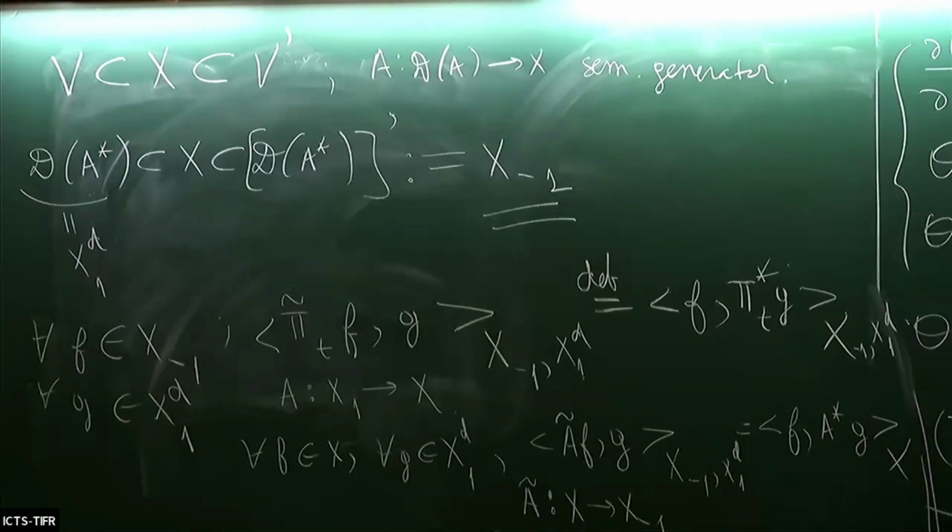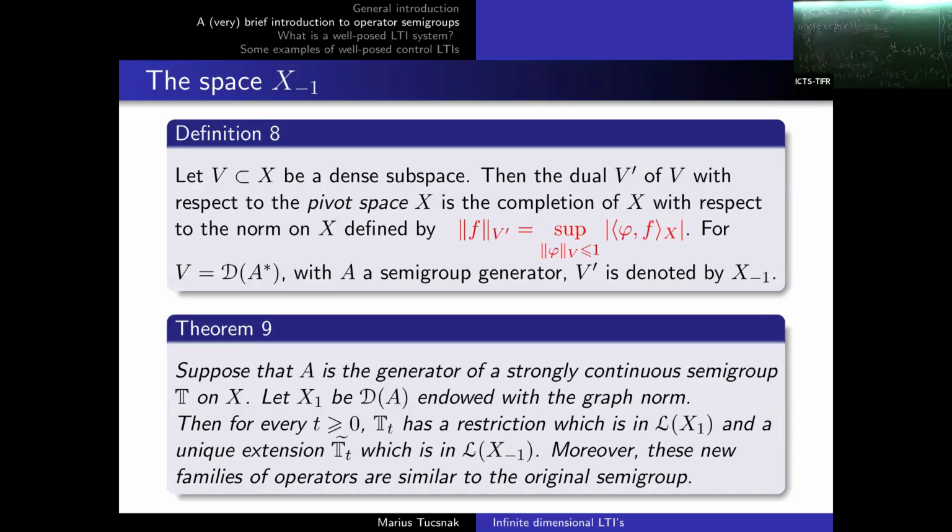So attention, if you take the Laplacian, and we apply this construction, the extension will not be the Laplacian in the distribution sense. We have to be a bit careful. The dual of the domain is not a distribution space. D of omega is not a good space to use here.